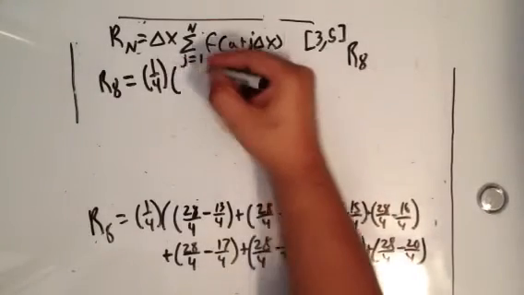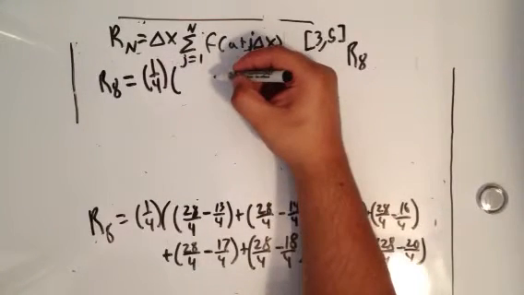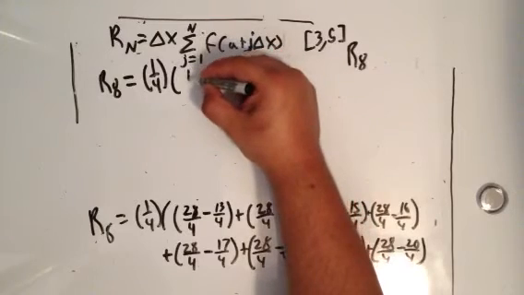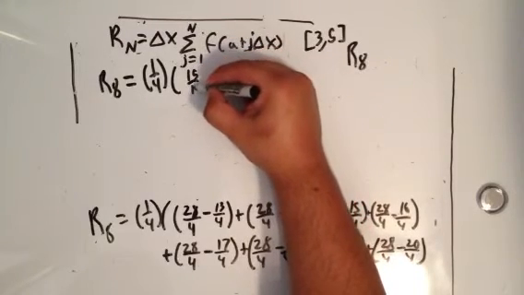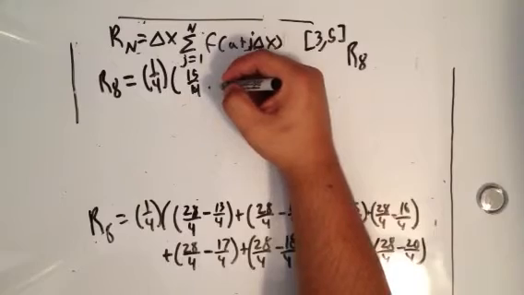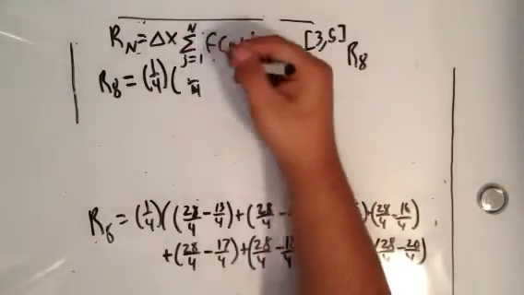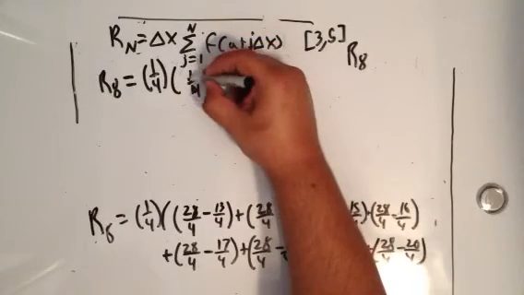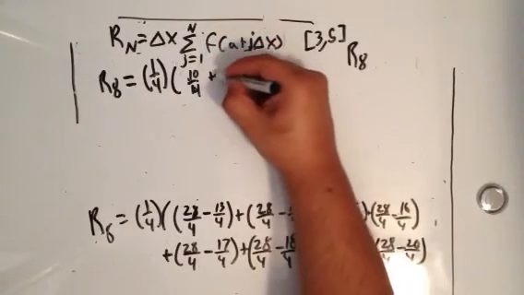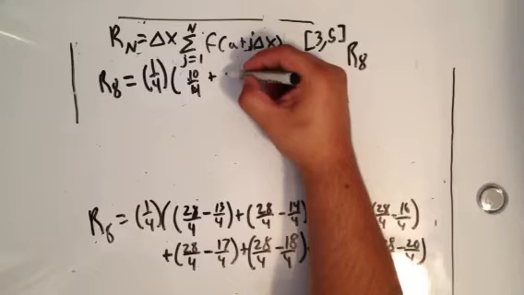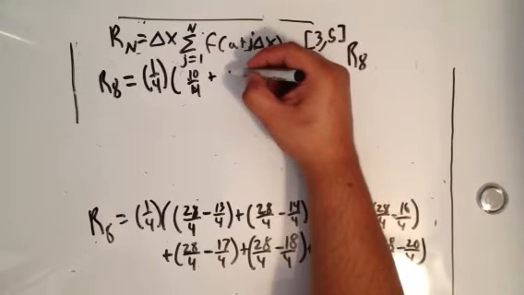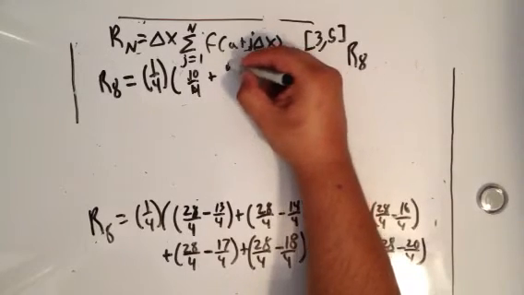So 1/4 times, let's see, it's 15 over 4. It's 10, yeah. It's 10 over 4 plus 9 over 4.